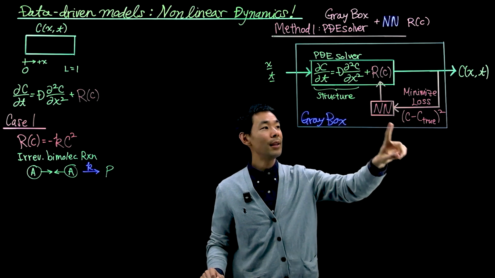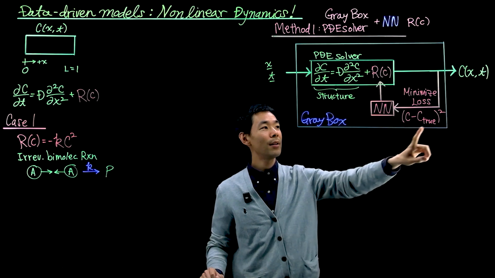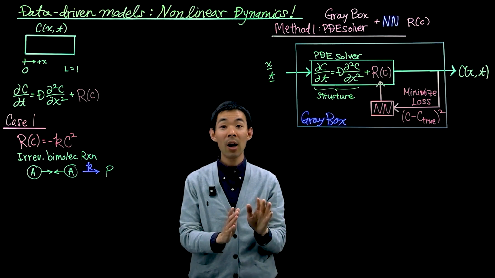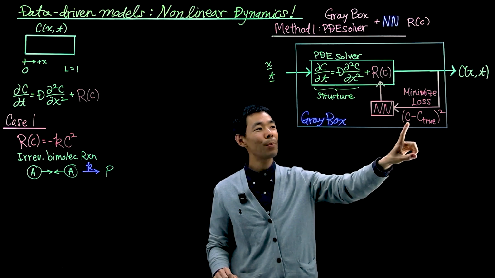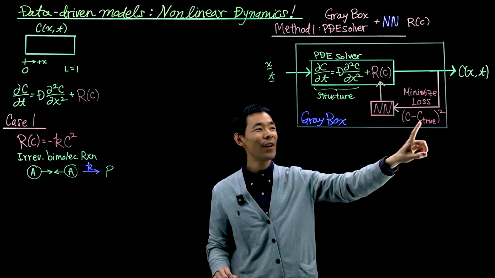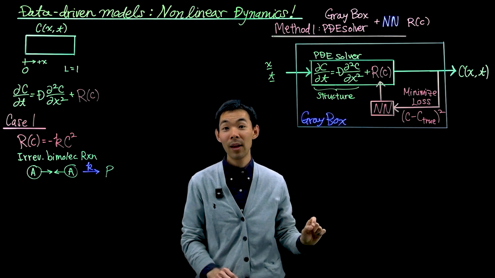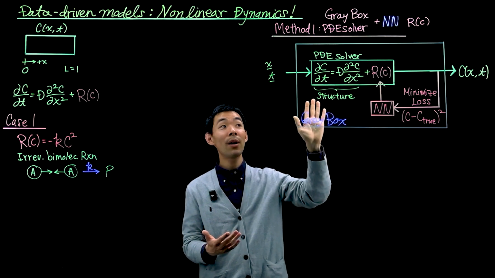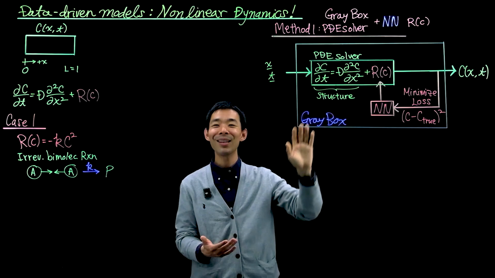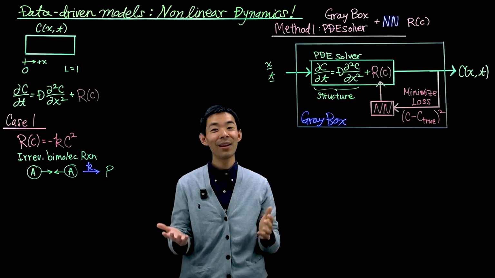That is this term right here, this loss. Right now, we have only penalized how good your predicted concentration is from the true data set. But there are other things you can penalize based upon our physical understanding and intuition of our system. Let's write those down.